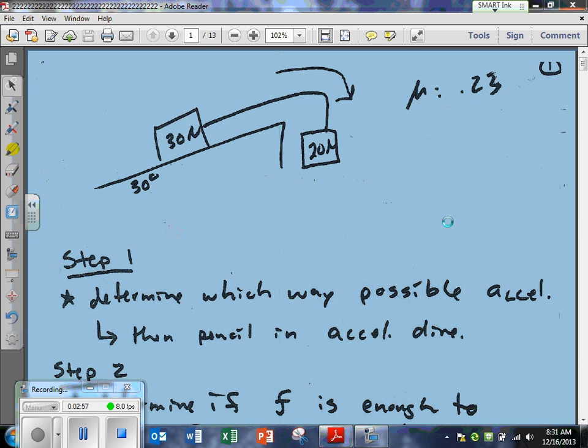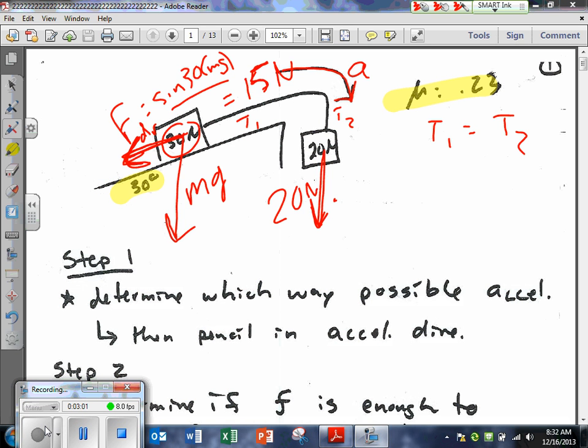So T1 is 15 for sure, right? So we know it's 15, and then it could be having friction on it. Well, in fact, if it's going to move this way, we can already say, here I'll put T2 as 20 here.